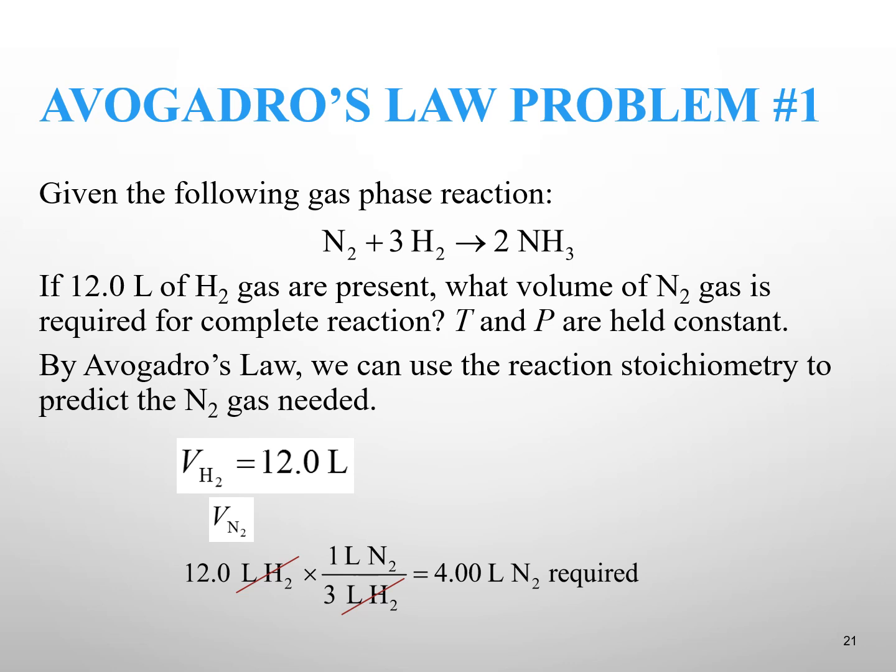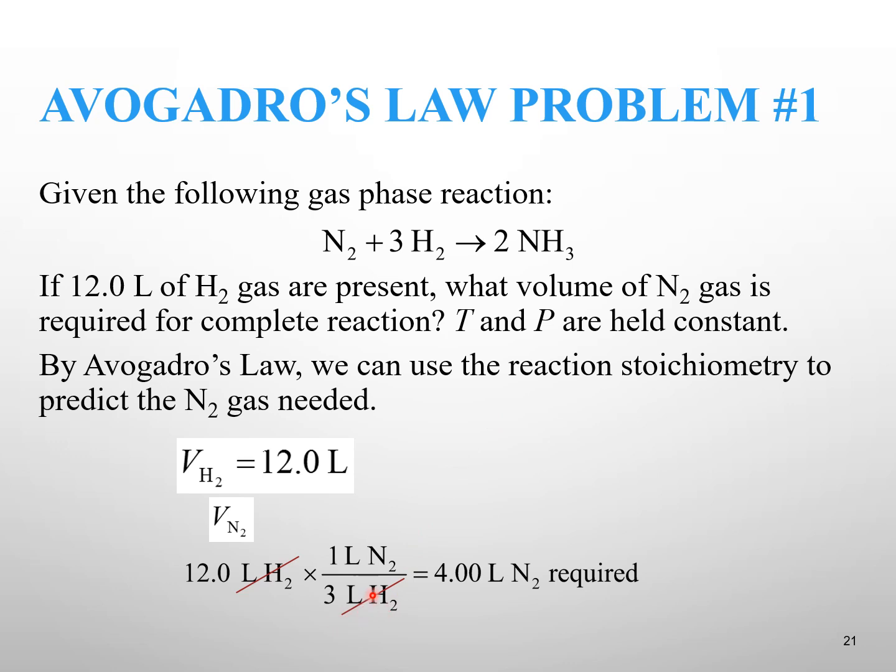Okay, so because they're asking for the volume of nitrogen gas, and we already have the volume of H2, I know the volume of H2 is 12 liters. And instead of 3 moles to 1 mole, we'll just say 3 liters to 1 liter, because the mole and the volume ratio will be exactly the same, because temperature and pressure are constant.